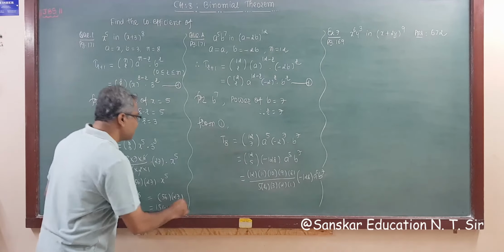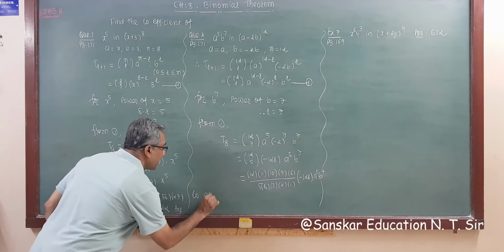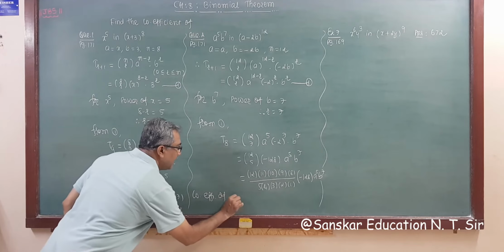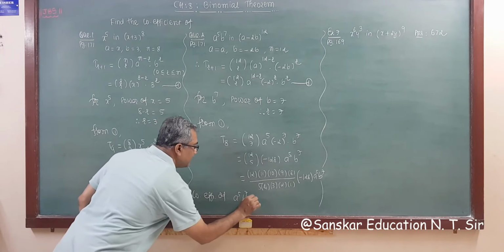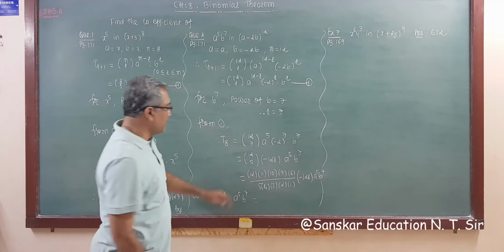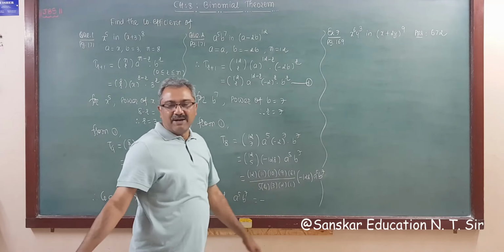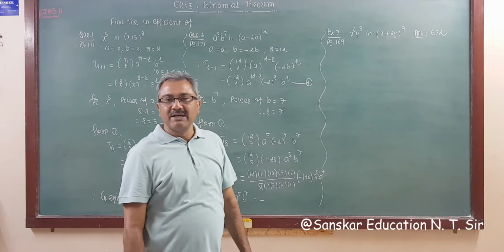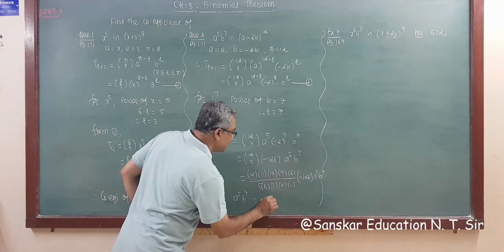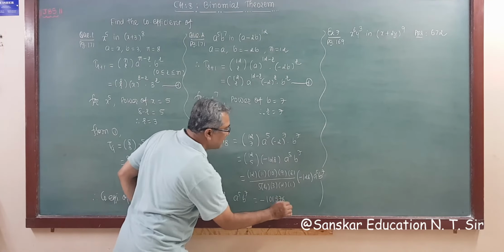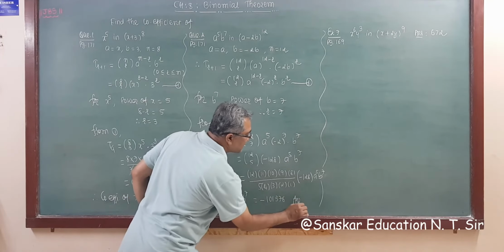So the coefficient of a raised to 5 b raised to 7 is equal to, the answer of this will be minus, I am writing directly, 101376. So this is your answer.